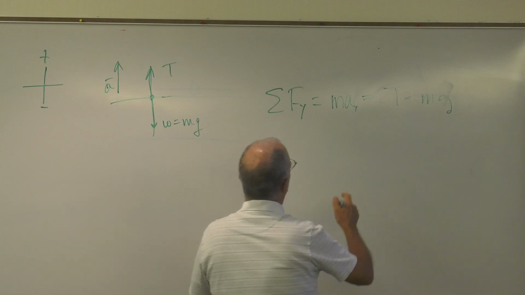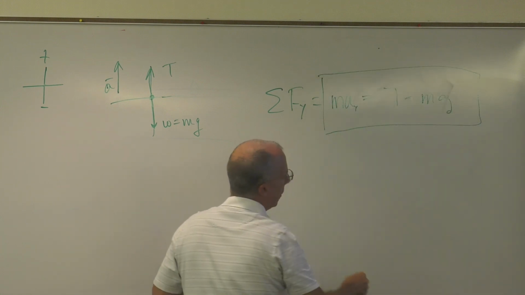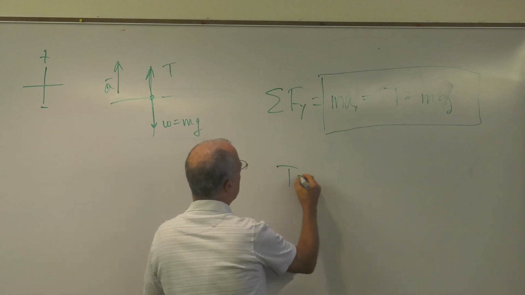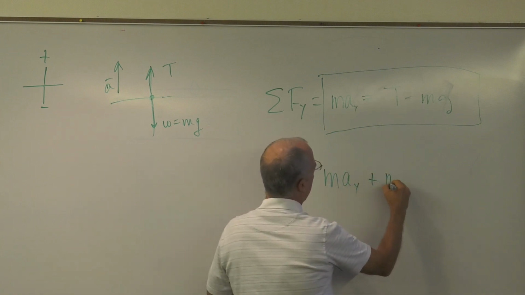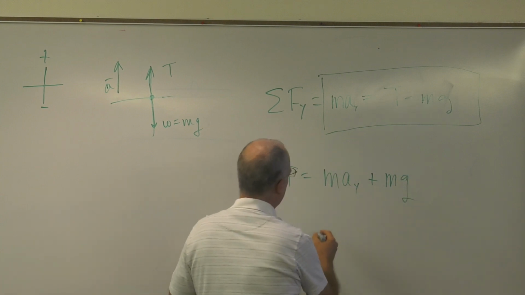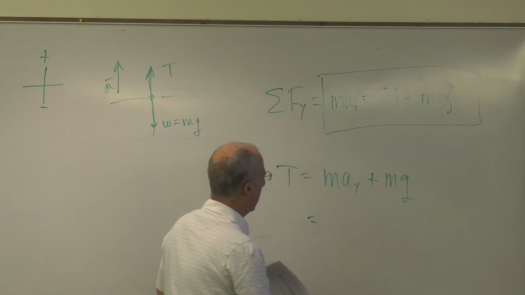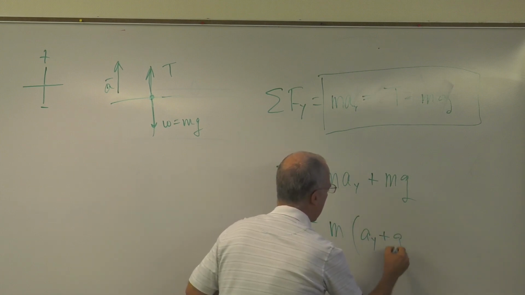Tension. So we have this equation. And so you just do the algebra. So tension equals ma sub y plus mg. Well, we might as well factor out the m, save us a little work. So we have m times a sub y plus g.